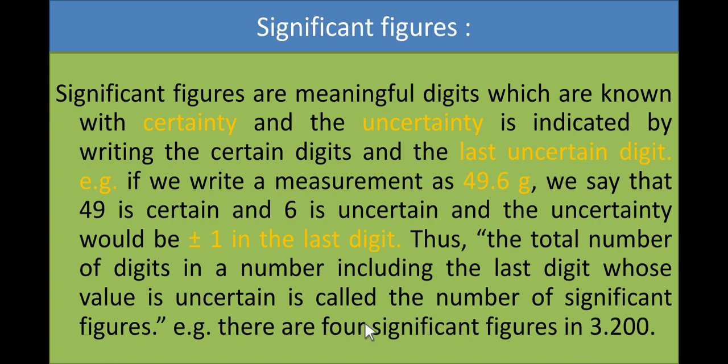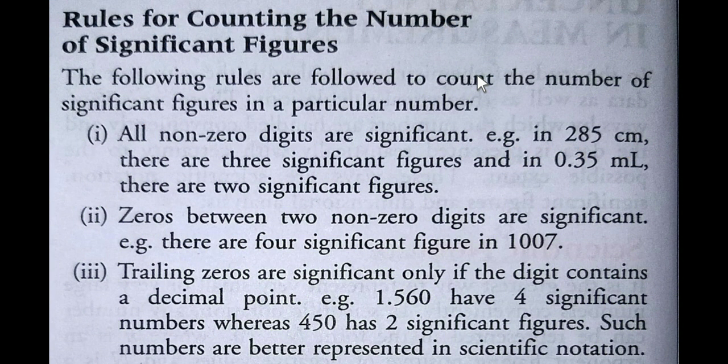For example, there are 4 significant figures in 3.200. Before the point and after the point, all the figures are significant. Here the significant figures are 4, here they are 3. Let us see some more examples.